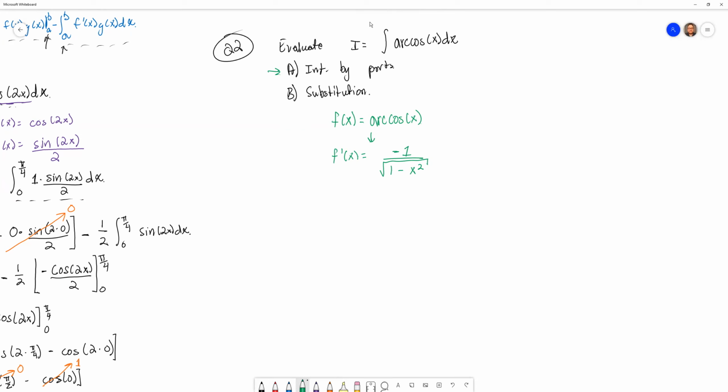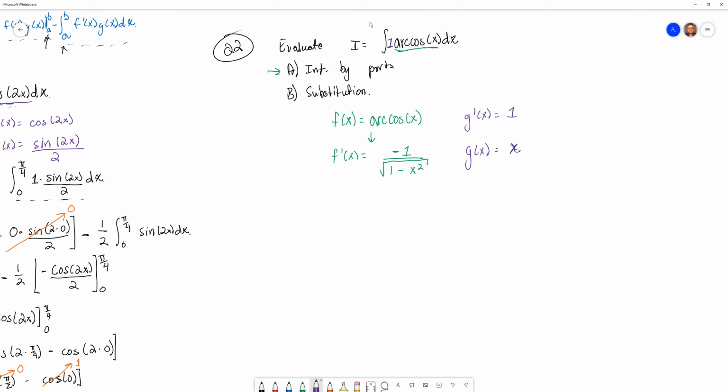It's just one of those rules for arc cos. And then everything is multiplied by 1, so we're going to say our g prime of x is just 1, which makes our g of x equal to x.